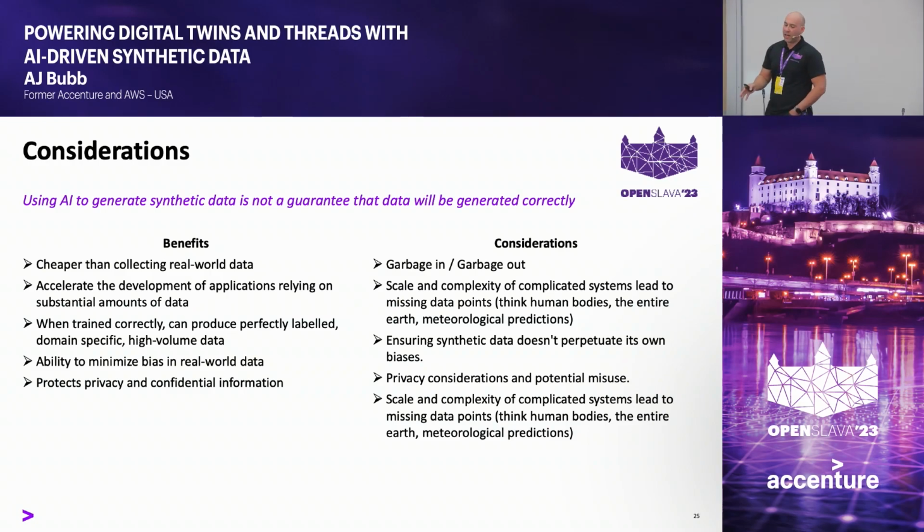AI for synthetic data will be able to create that generalized data, trying to pull away from the biases of your real world data. But that really depends on the data sets that you're putting in and the way that you're training your model. It is possible to train the model and have it insert biases into that.